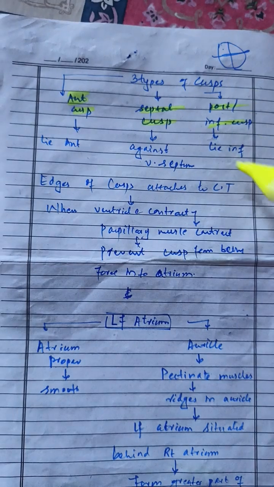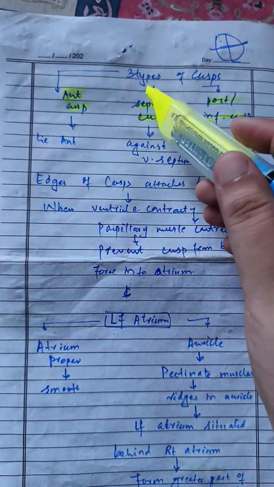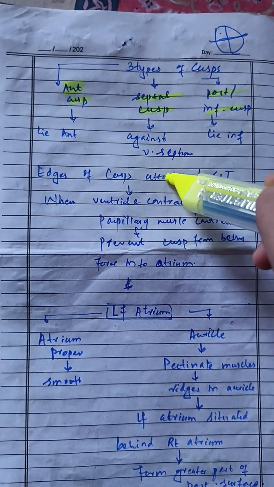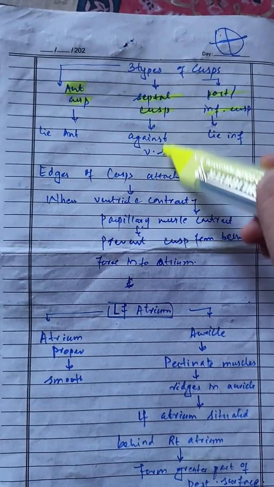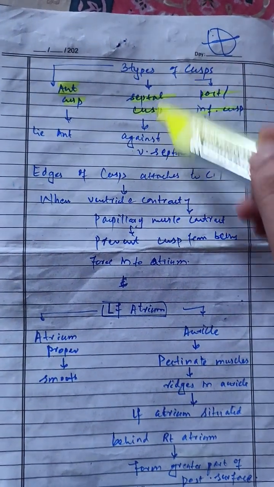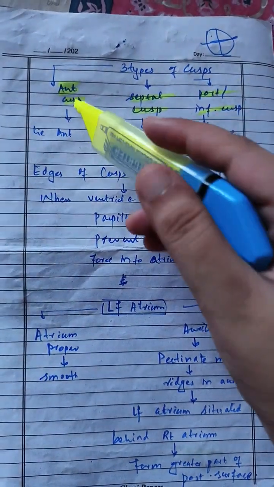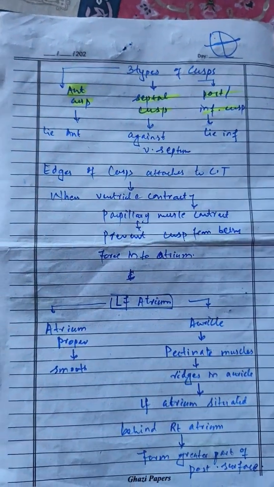The posterior cusp lies inferiorly, the septal cusp lies close to the ventricular septum, and the anterior cusp lies anteriorly.